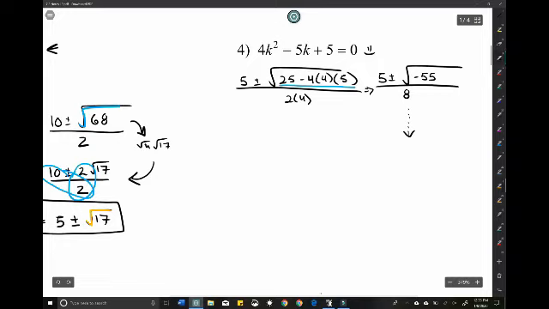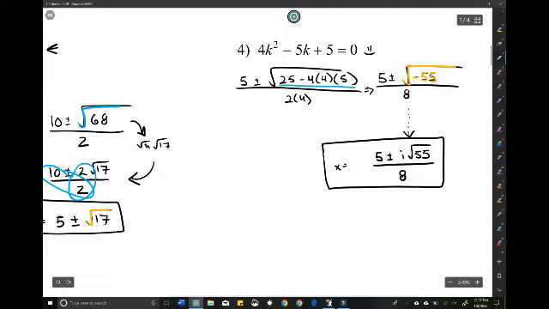Now, using what we learned last chapter, you know how to break up square roots of negatives. It's just our good old friend i. So this is i roots of 55 all over 8. 55 doesn't break down. 8 and 5 can't divide. So that's your solution. Just an imaginary thrown in there. Because why not? Because they're fun.